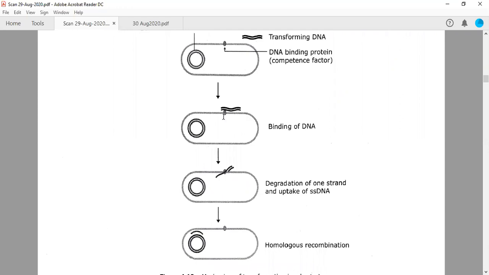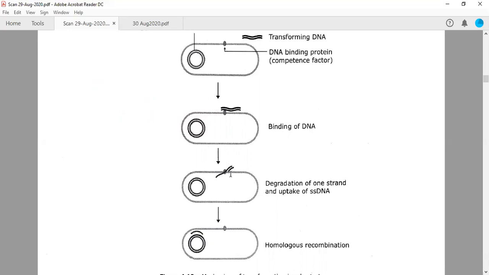But note this is a double-stranded DNA, while taking up the exogenote, only one strand is taken up and the second strand is degraded. This degradation is done by not a single protein here. Some proteins help DNA uptake, other proteins have some nuclease activity which will degrade the other strand of the DNA.